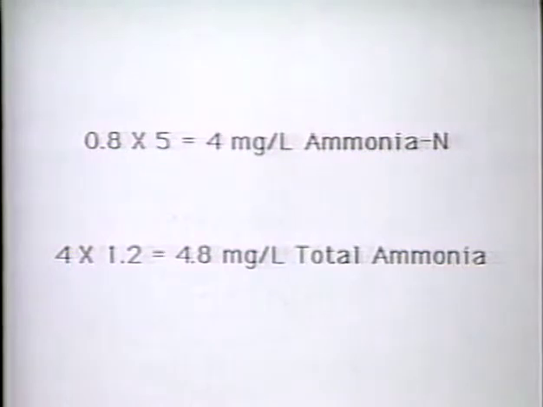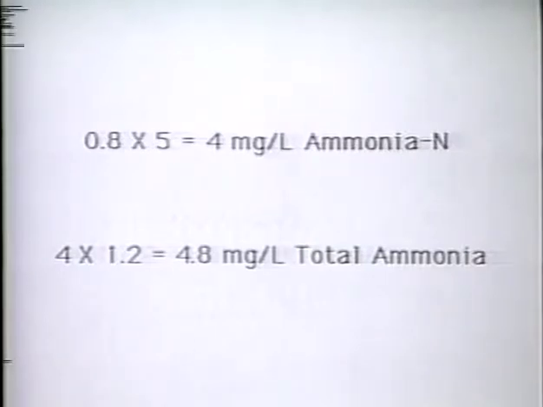This value must be multiplied by 5 to convert it to the true undiluted value. For example, if the wheel reads 0.8, the true value is 0.8 times 5, which equals 4 milligrams per liter ammonia nitrogen. Again, to convert this to total ammonia, multiply by 1.2.